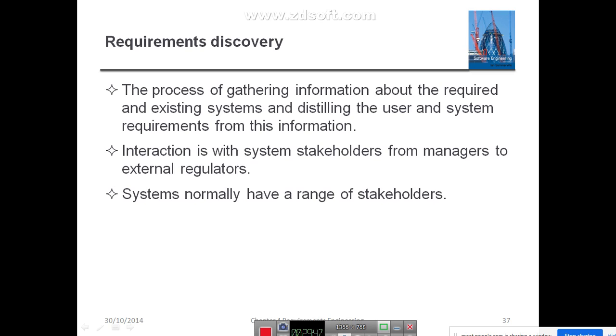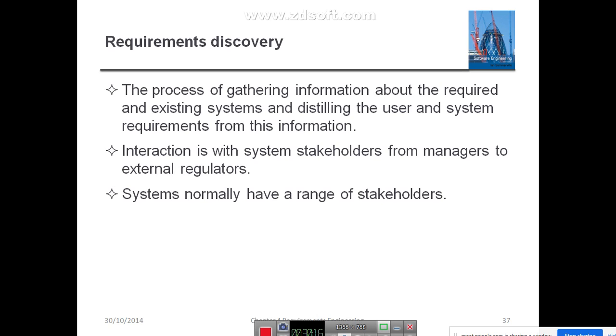Here you are gathering the information from all the stakeholders. The stakeholders may give the information that is required for this system development, or they may give requirements taken from the already existing system. Once you have all the requirements, then you are separating what the user requirements are and what the system requirements are.